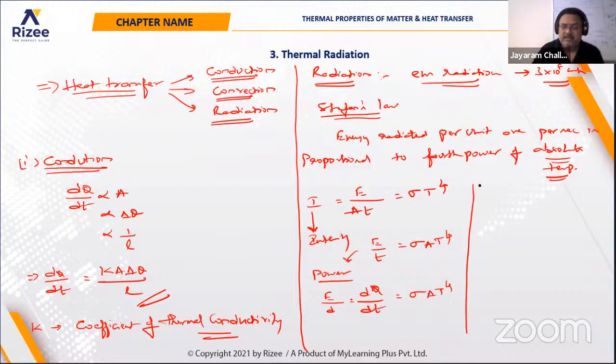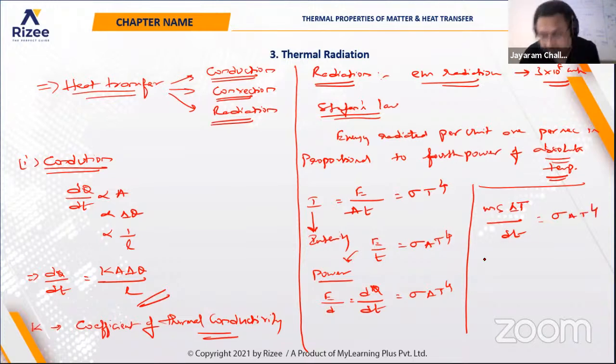Now dQ can be in different formats. It can be m s delta T or it can be m L. So if it is m s into delta capital T by delta small t, it is equal to sigma A T to the power of 4.